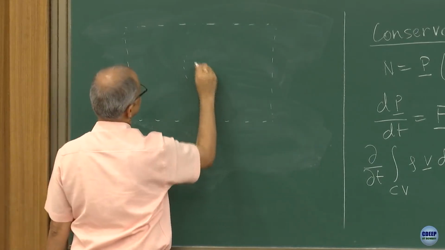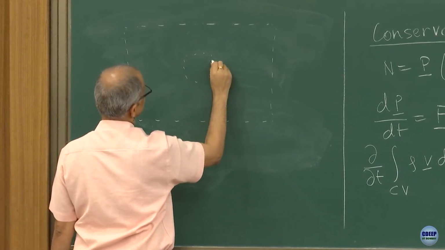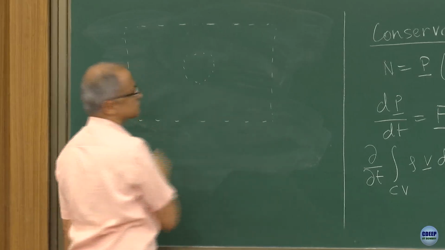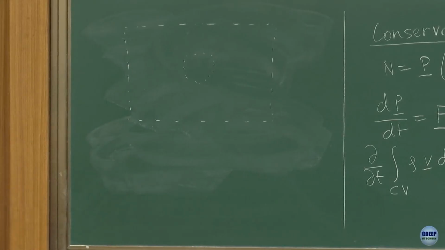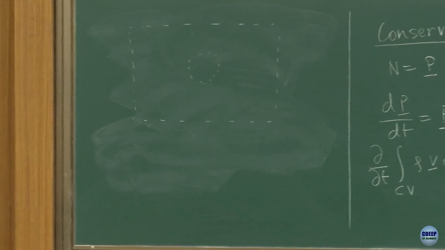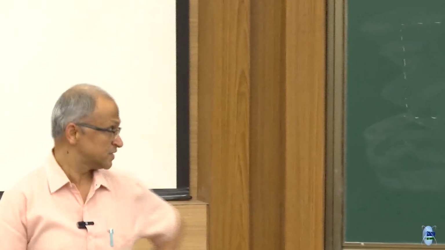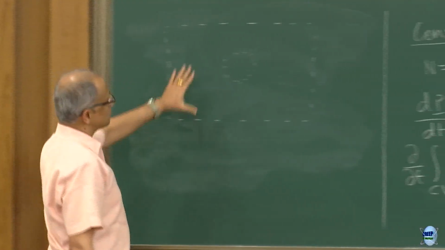This is my object, which is somewhere in between. So what are the forces which are acting on it? Don't give me some jargons. What we are interested in is, on this object, what will cause a force here.